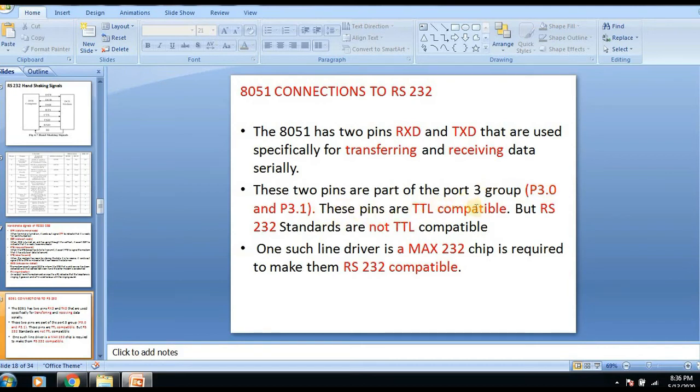These pins are TTL compatible, but as I said earlier, the RS-232 standards are not TTL compatible. So in between the 8051 and the RS-232, we require a line driver, that is the MAX232 chip, to convert them or make them RS-232 compatible.